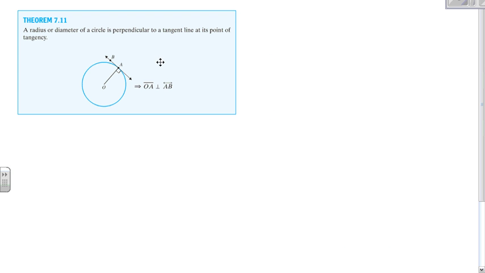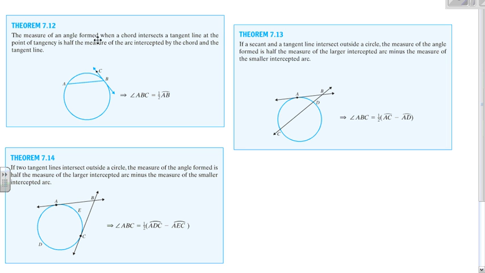So we'll pretty quickly go through some other theorems related to tangents and things like that. A radius and a tangent are always perpendicular. There's more angles also if we take a chord and a tangent, or a secant and a tangent, or 2 tangent lines.